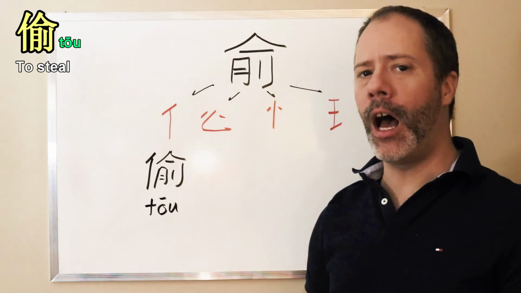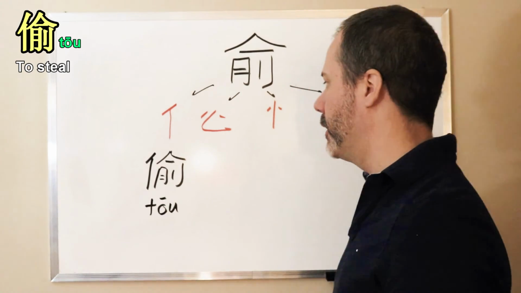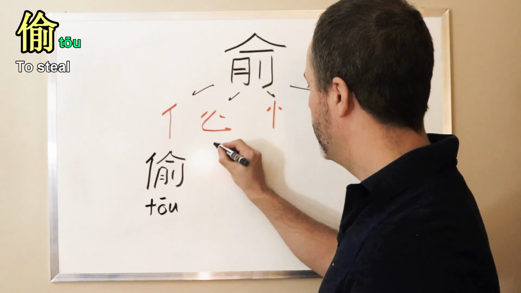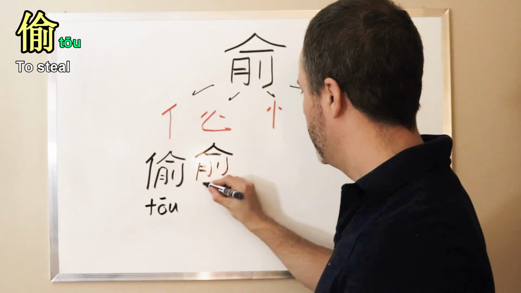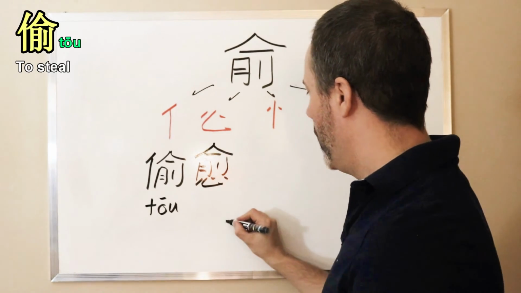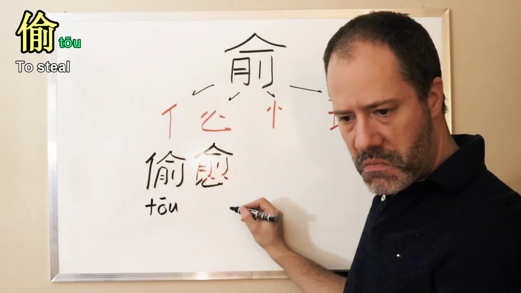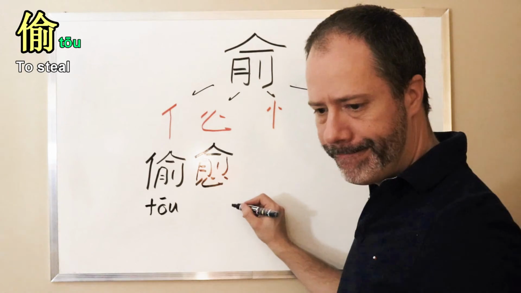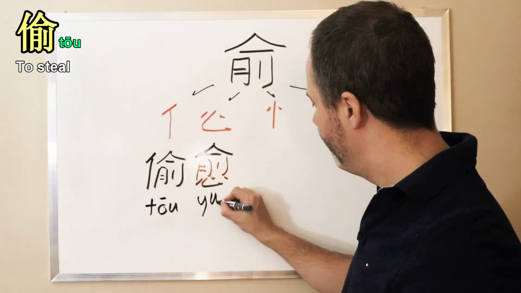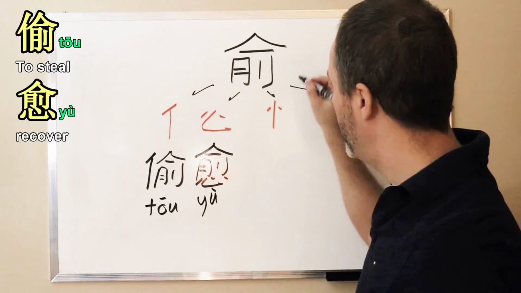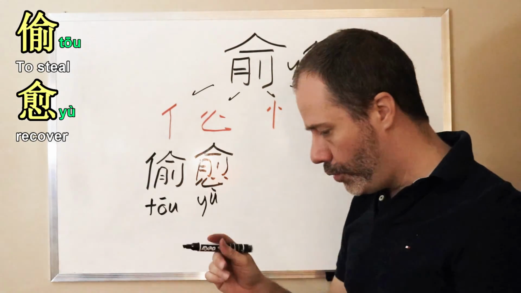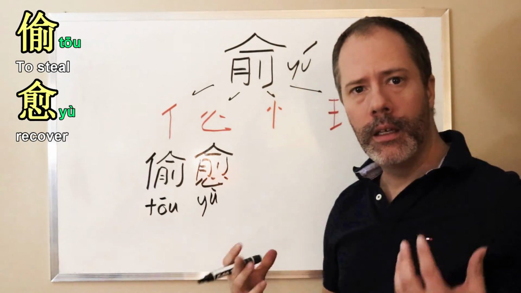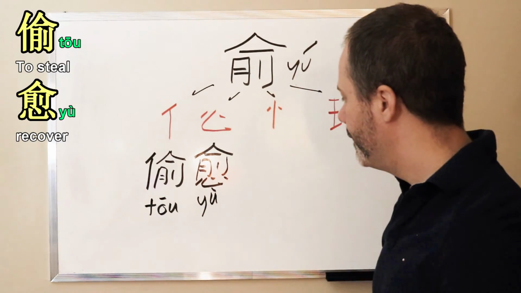Now if you have the heart at the bottom of the character, it gives this, which is yu. Same pronunciation, but not the same tone. Here it's yu, tone 2. Yu means to heal. Yeah, to heal the heart.